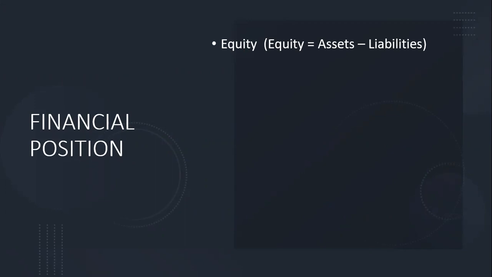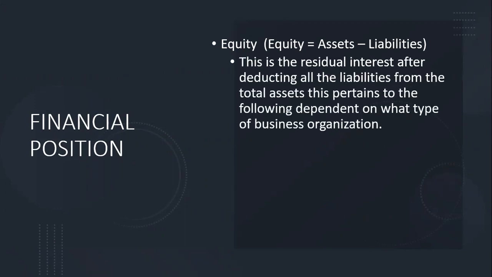Or in other terms, this is the residual interest after deducting all liabilities from the total assets. This pertains to the following, dependent on what type of business organization. So residual interest, by definition, is the formula assets minus liabilities.